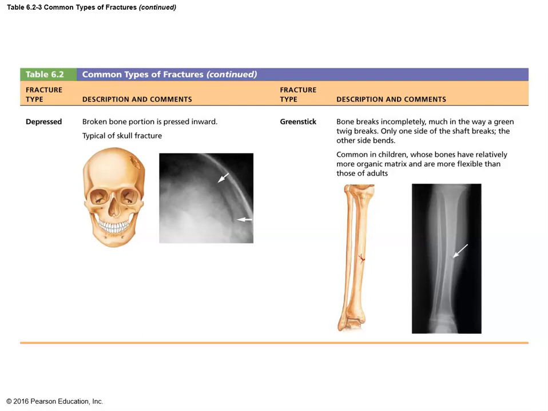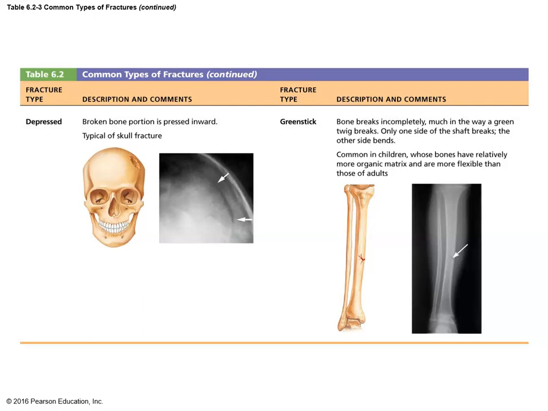Let's jump to the greenstick fracture for this one. A greenstick fracture is very common in children, less common in adults, because kids have more collagen, less mineral. That means their bones are more rubbery. Just like a green twig or a green stick on a tree, if you try to break a small limb, once the stick starts to break, it probably doesn't snap all the way in two because you've released the pressure.